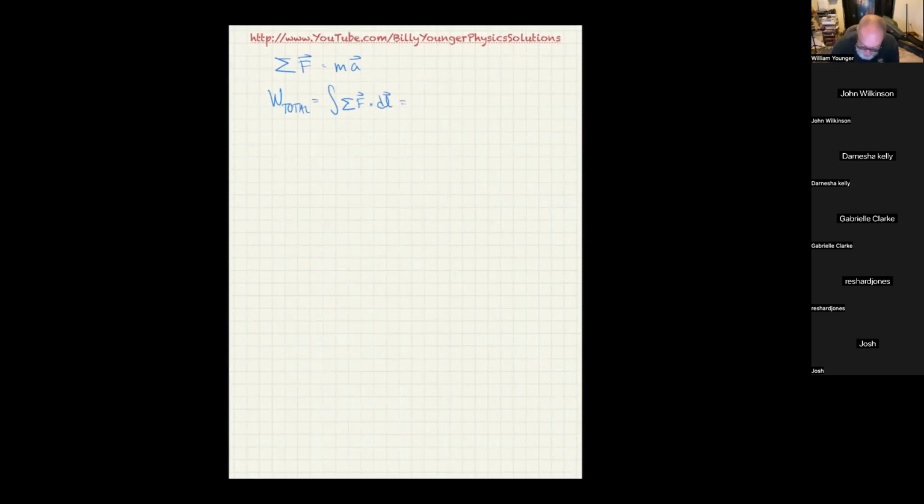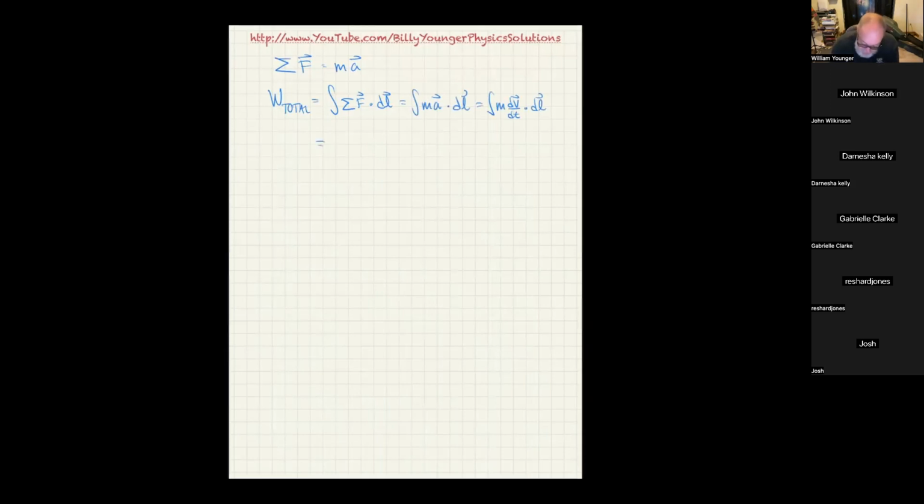Okay. Well, it turns out that I can also write the summation of the forces as m times a, and I can write the dl as dl, but I can also write the a as dv/dt, and then I dot that with dl.